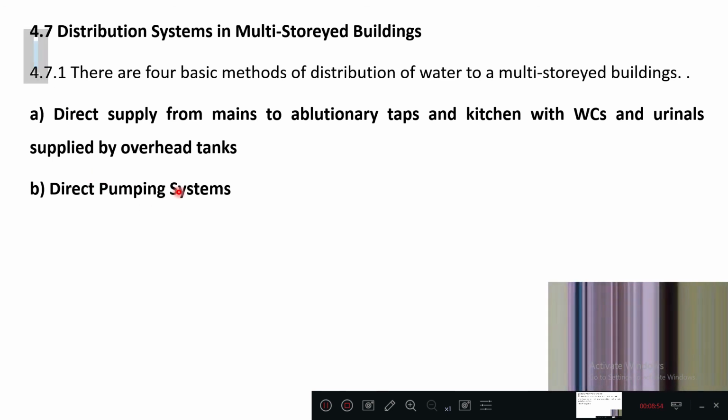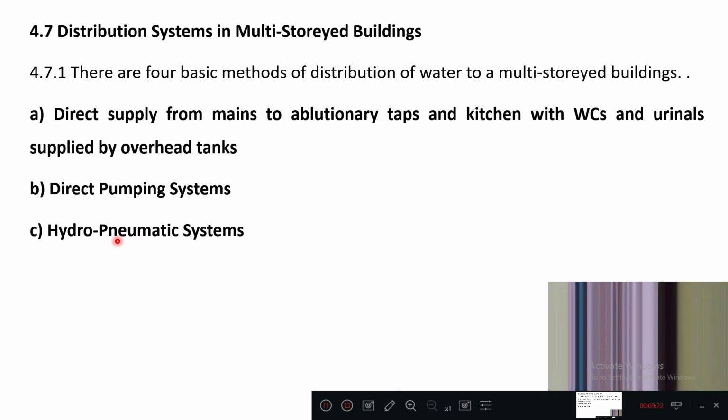Direct pumping system. In the first case it is collected from the main lines. Here, direct pumping system means pumps are used in between. Next one is the hydro-pneumatic system, where some pressure vessel is also included, to boost the pressure of the water flow.